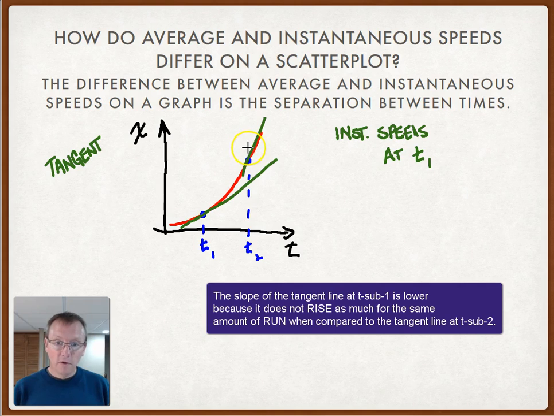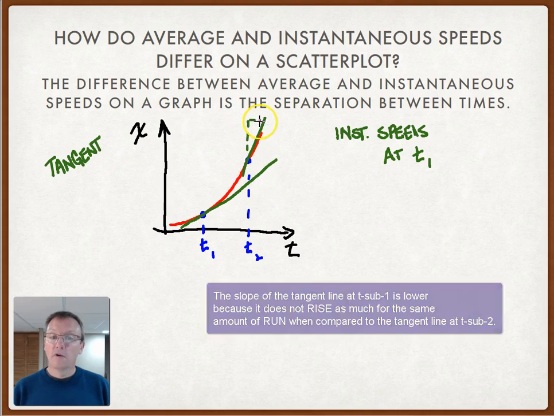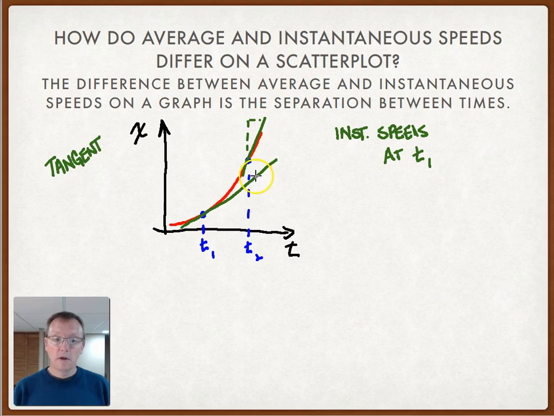Well, look at the rise over the run. This is how much it rises, and this is how much it runs. So you can see it rises a lot for a little bit of run on this one, whereas this is how much it rises here, and this is how much it runs there. And so you can see it rises a small amount over how much it runs. So you can see the slopes are different.